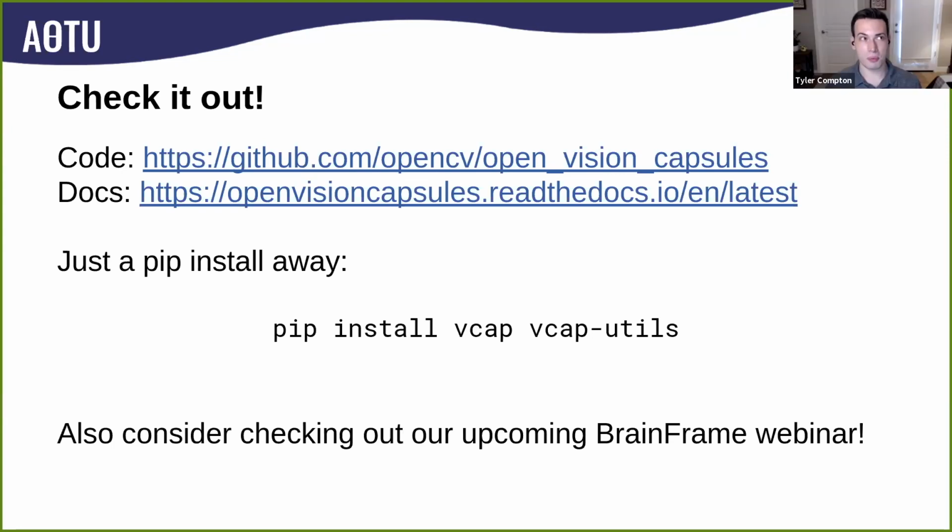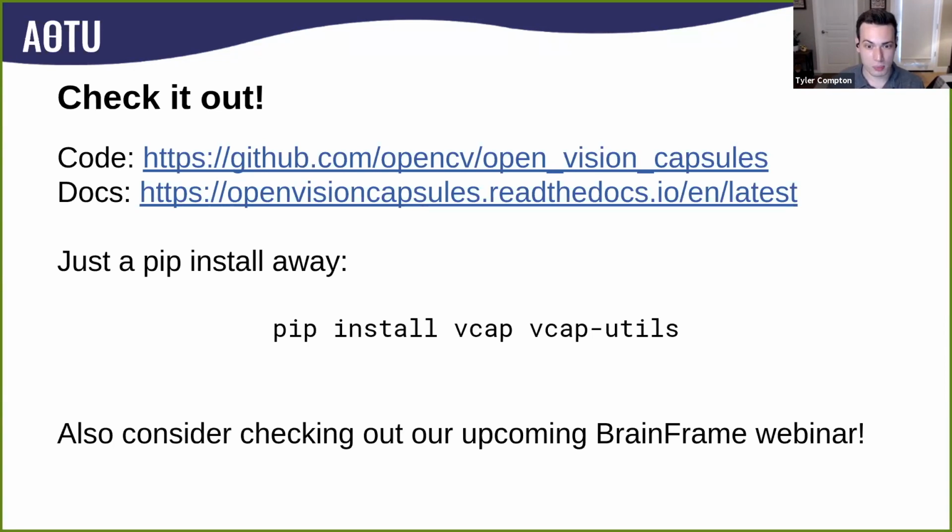Yes, it definitely can be. What Open Vision Capsules will give you, or what the encoders that we write will give you, is kind of like an opaque string that encodes, for example, what a person's face looks like, or whatever the case may be. And you can compare that against results in any stream.